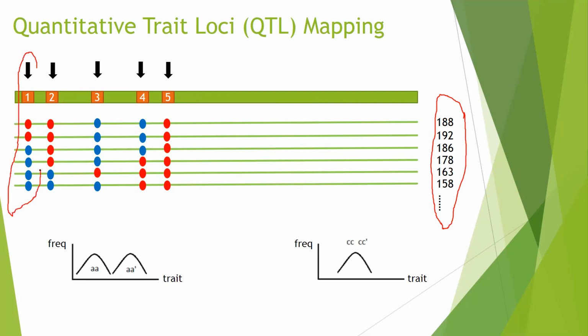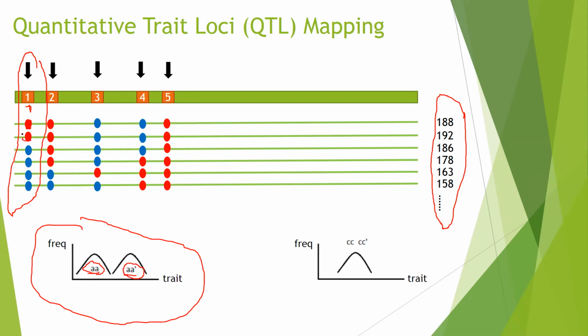Here, this is a single marker. So for each individual in this sample, at this location, this marker can take one of two genotypes, either AA or AA prime. This is the heterozygous, this is the homozygous, right?